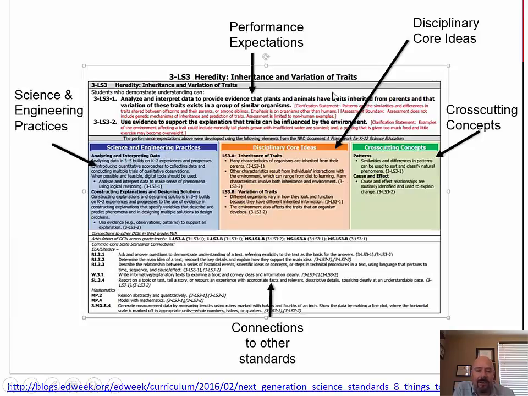The way the standard is really constructed is it's built off of three pillars: science and engineering practice, the disciplinary core idea, and the cross-cutting concepts. All three of these exist here. As we start talking about tasks and how tasks are set up for kids, if all we see in a task is something that is a disciplinary core idea, we're really not meeting the requirements of NGSS.